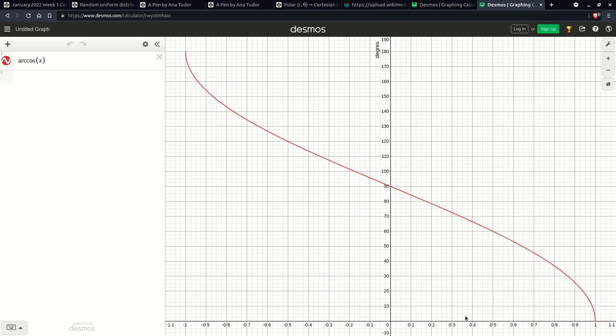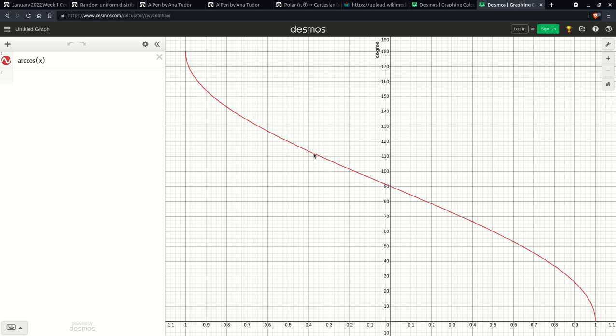And one thing I want to show you here, so we basically want to reduce the density at the poles, so at the ends of the function. And as you can see here, the difference between -1 and -0.9 is the exact same as between -0.1 and 0, right? So it's 0.1, the difference between those 2 points. However, the difference between their values on the curve is much bigger for the first pair than for the second.